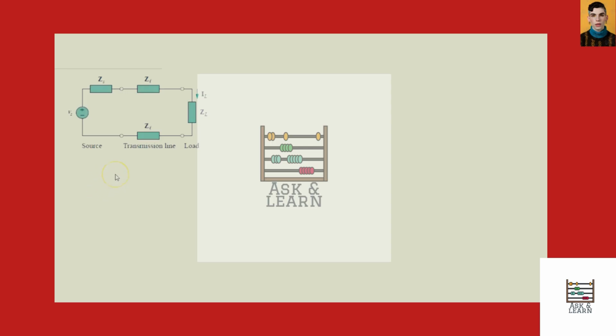Hello student, in this problem a model of a transmission line is given, where the source voltage Vs equals 115 angle 0 degree volt, the series impedance Zs equals 1 plus j0.5 ohm, the line impedance ZL equals 0.4 plus j0.3, and the load impedance ZL equals 23.2 plus j18.9 ohm.